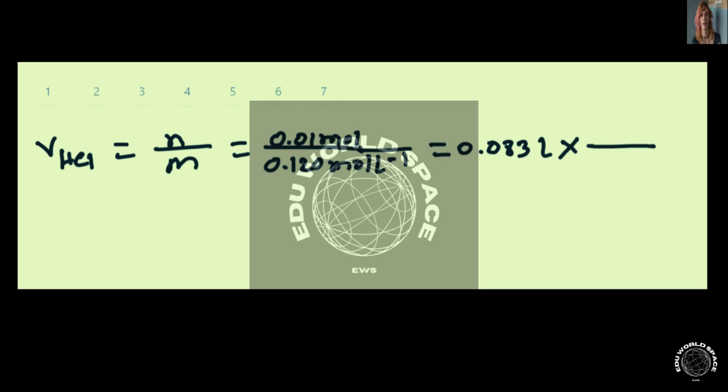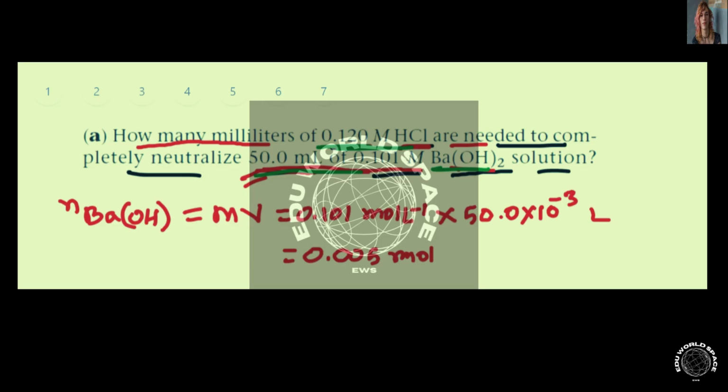So we'll convert this to milliliter. 1 liter is 1000 milliliter, and from here we'll get 83.3 milliliter. So this is the volume of HCl in milliliter which will be needed to completely neutralize this much barium hydroxide.